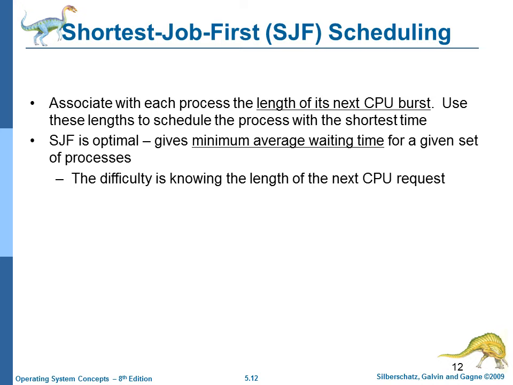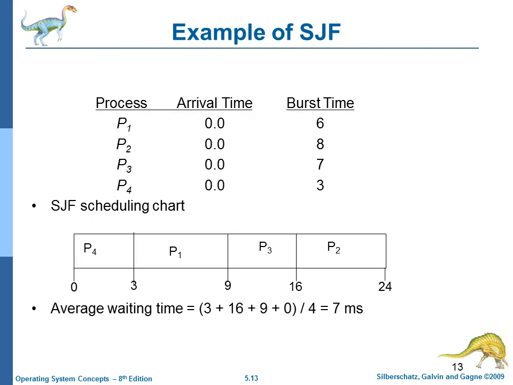For example, in this shortest job first Gantt chart, it is based upon the following CPU burst times and the assumption that all the jobs arrive at the same time.